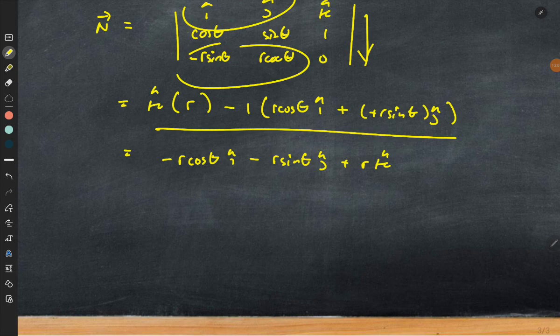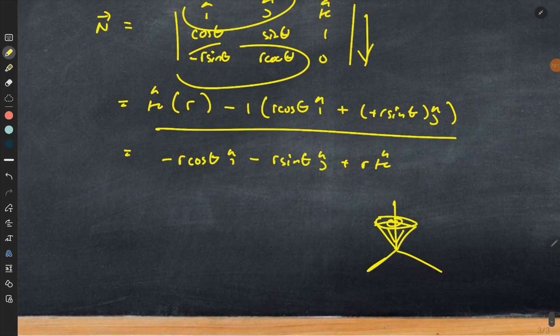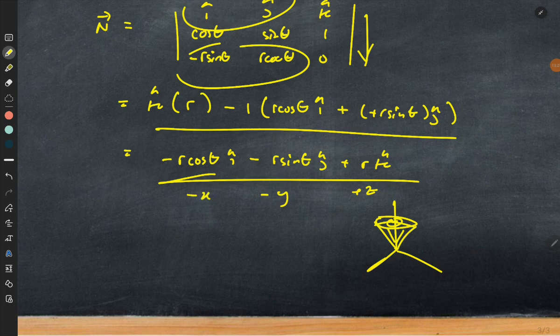So what direction is this normal vector pointing in? If you remember from before, this is how our surface looked. This normal vector has a positive z component, negative y, and negative x component. Let's draw a section view of this cone.